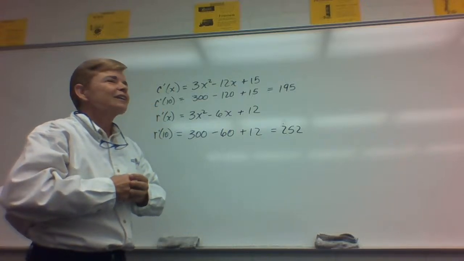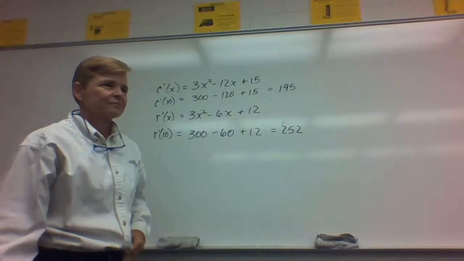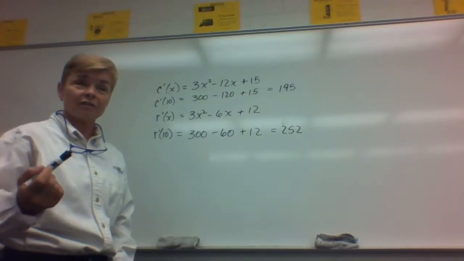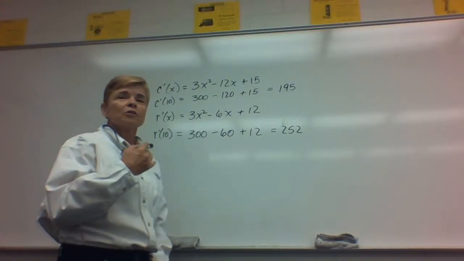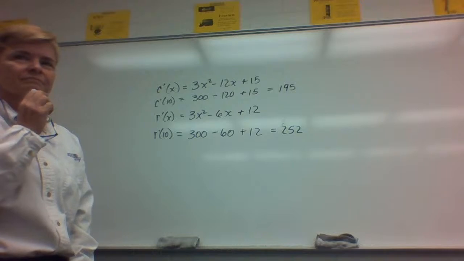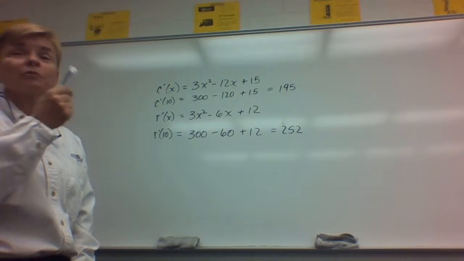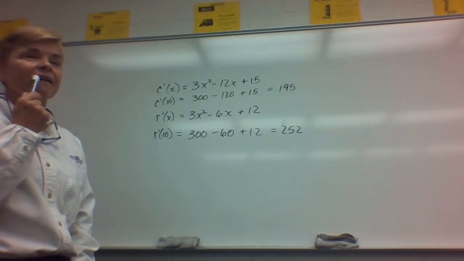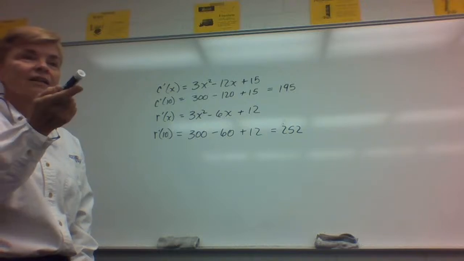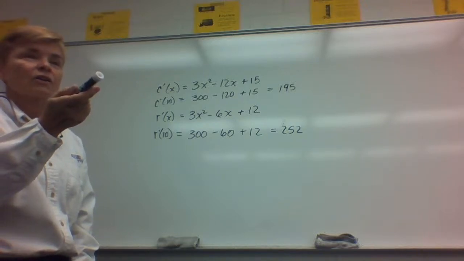Anybody have any idea what these mean in the context of the economics, knowing what you know about calculus? Those are the marginals I'm talking about. One is how much it takes, the other one is how much you make. That's what cost and revenue mean. Give it a shot.